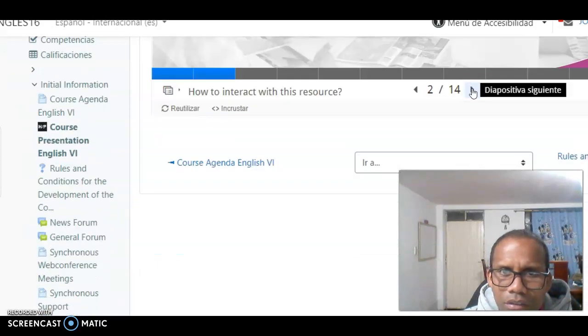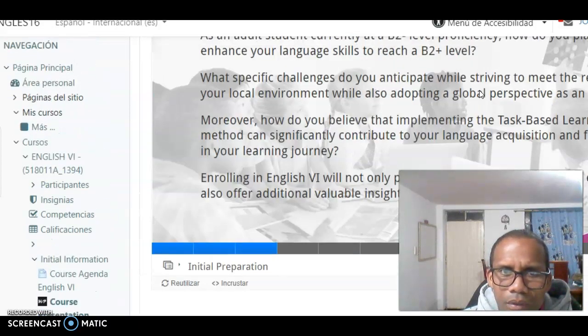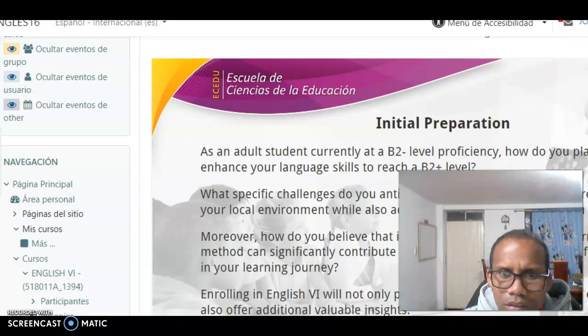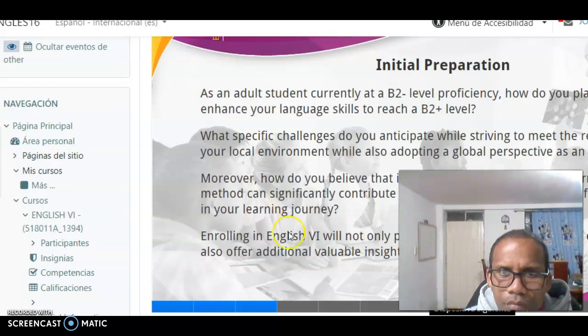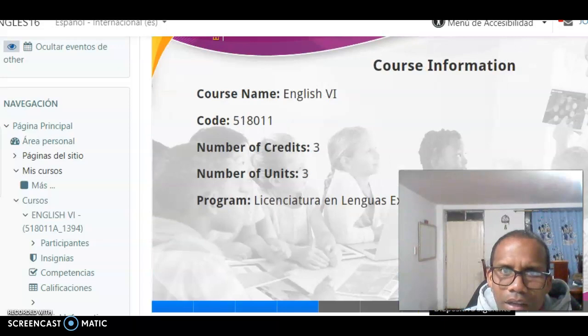How to interact with this resource. Initial preparation. As an adult student currently at a B2- level proficiency, how do you plan to further enhance your language skills to reach a course information? Course name, English 6. Code 518011. Number of credits, 3. Number of units, 3. Program, licenciatura en lenguas extranjeras con énfasis en inglés.